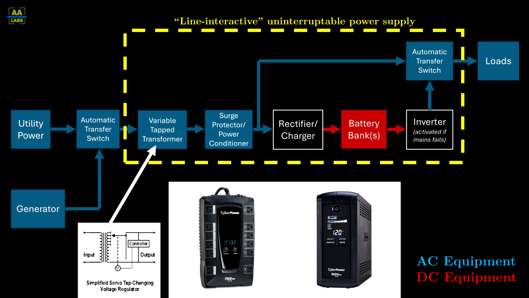A variable tap transformer can be adjusted by control circuitry to increase or decrease the incoming voltage. This technique effectively makes the Line Interactive UPS a bit of a compromise between the more expensive online type and the cheaper offline type. Line Interactive technology is commonly found in higher-end consumer and office-grade UPSs.